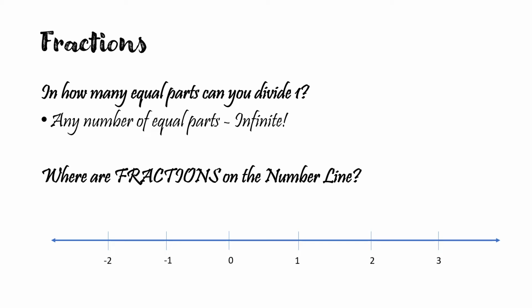So where are fractions on the number line? That is where the fractions are on the number line. I have divided 1 into 6 equal parts. So the fractions are 1 by 6, which we can see between the 0 and the 1 in the number line.